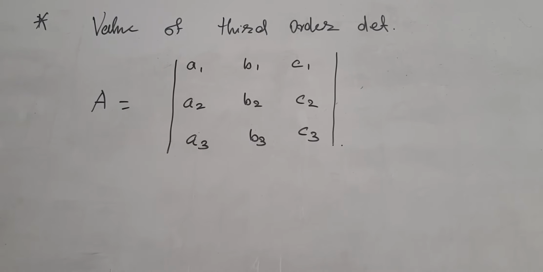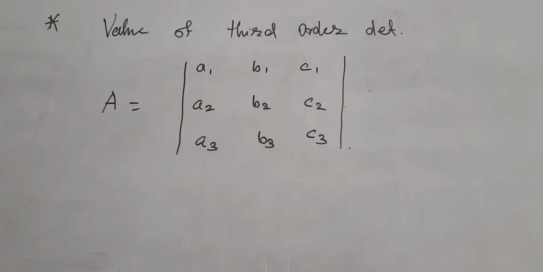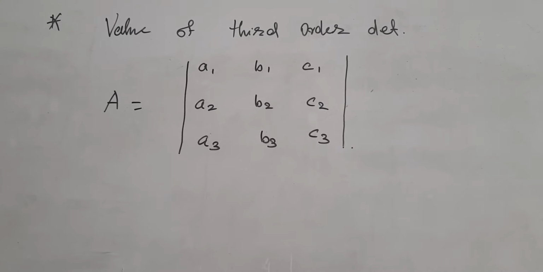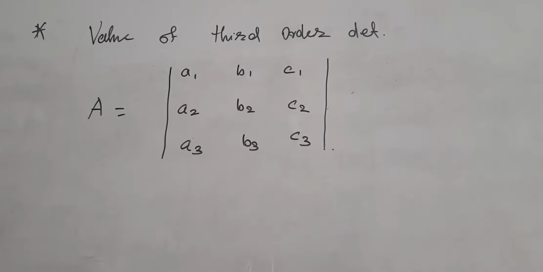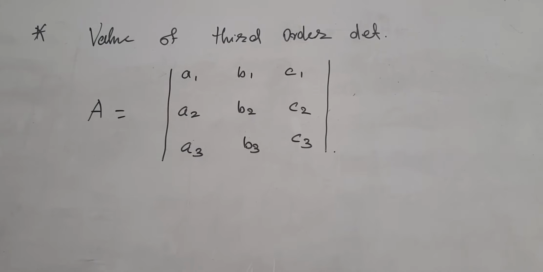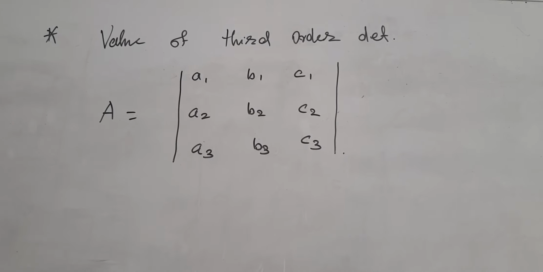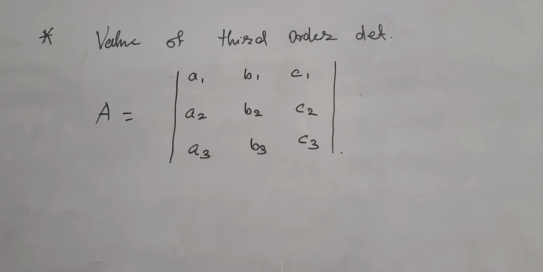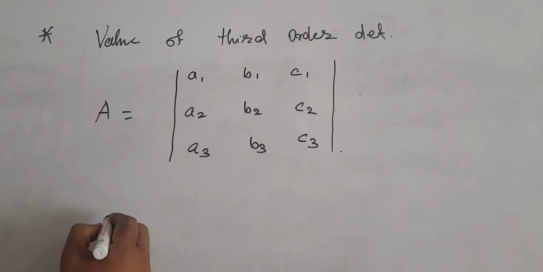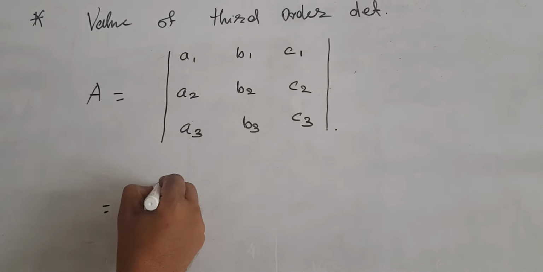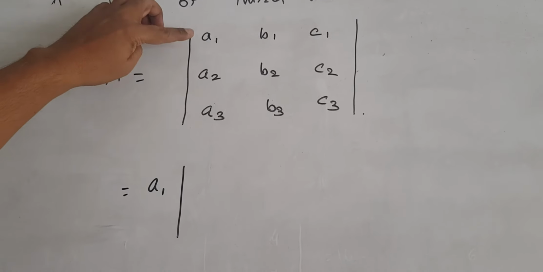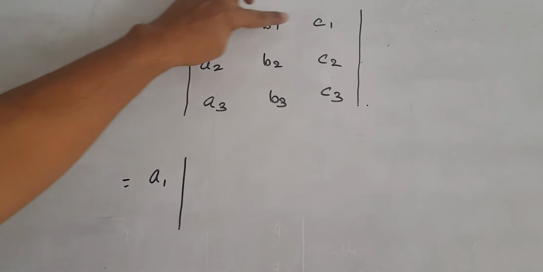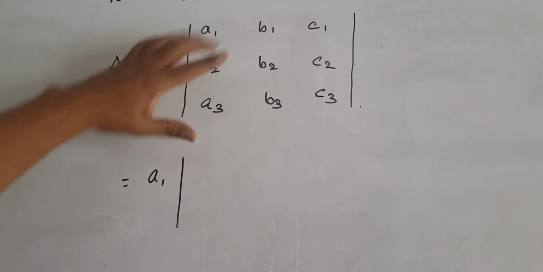Now this logic we are using for finding the value of a third order determinant, or you can say the determinant of a matrix of order 3 by 3. See, we start with a1. Just remember, a1 is present in the first row and first column.